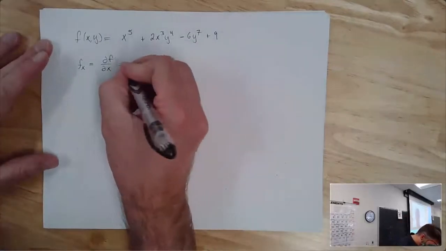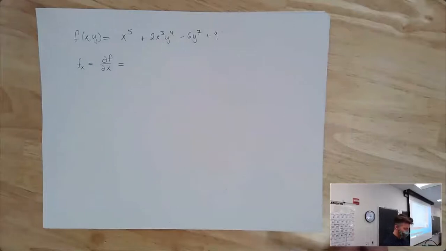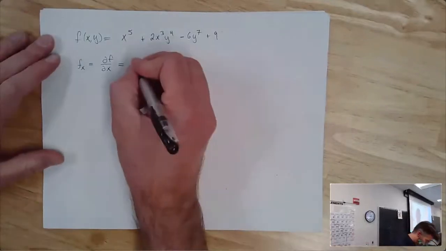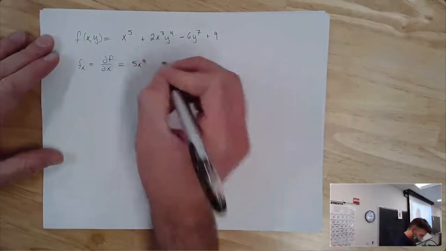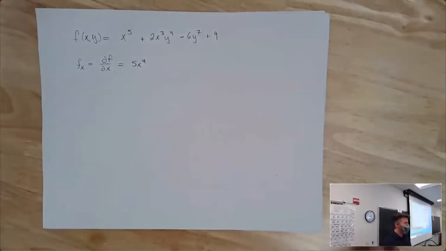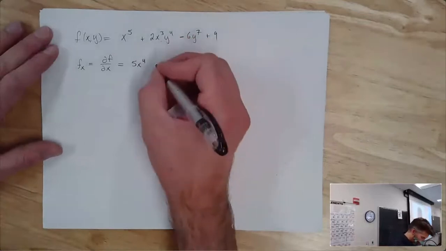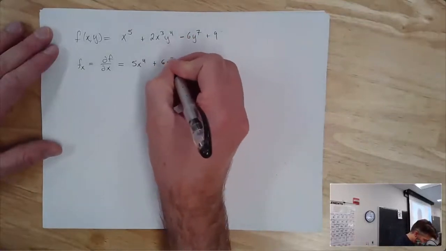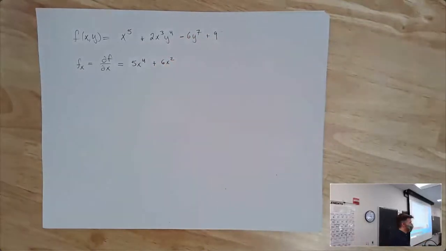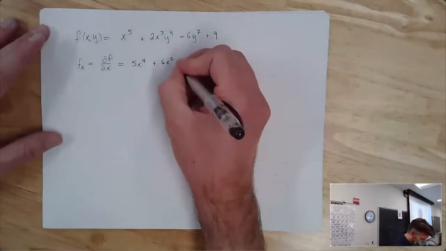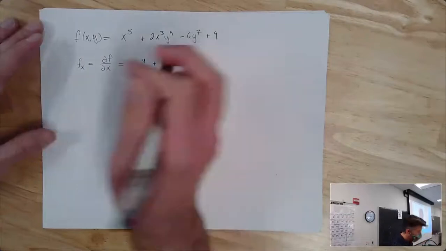So what's the derivative of x to the 5th? What's the derivative of 2x cubed? It's 6x squared times that constant.